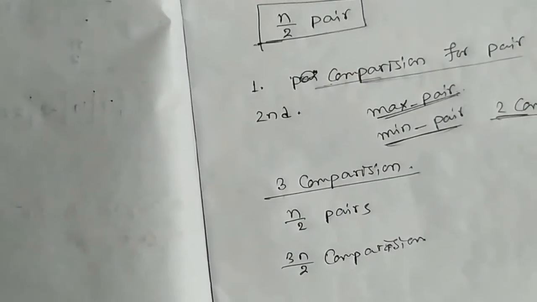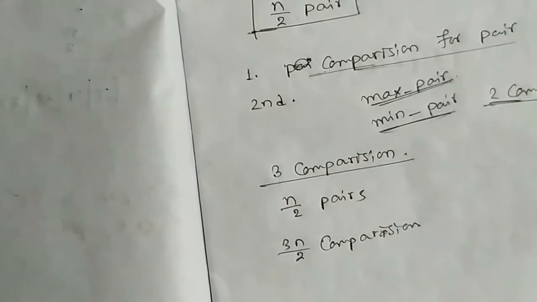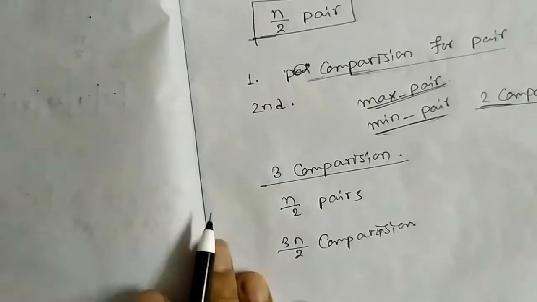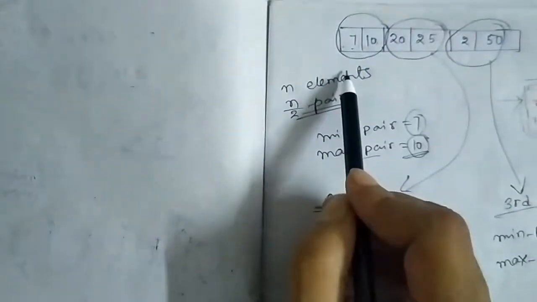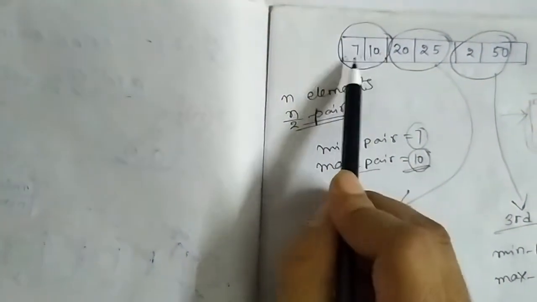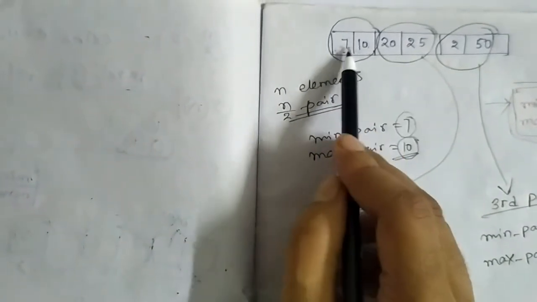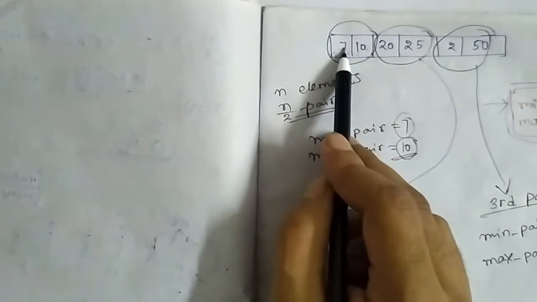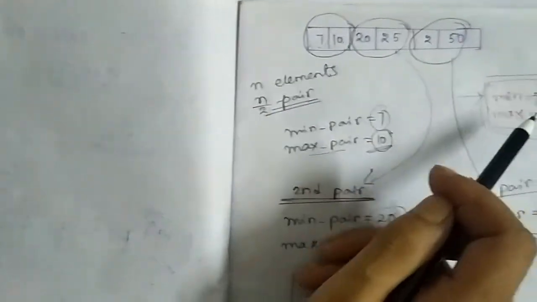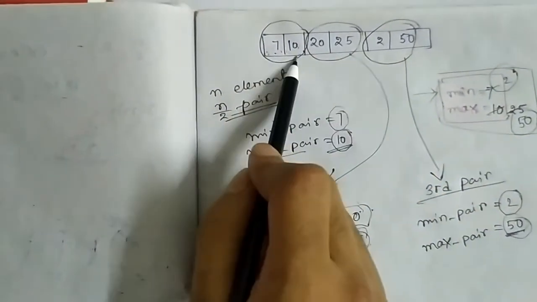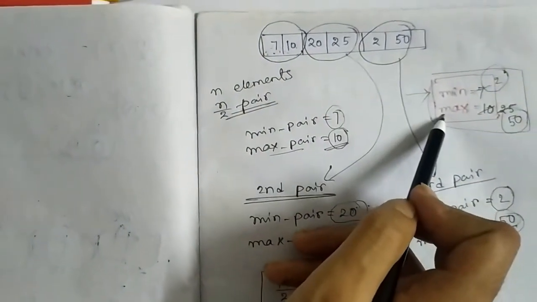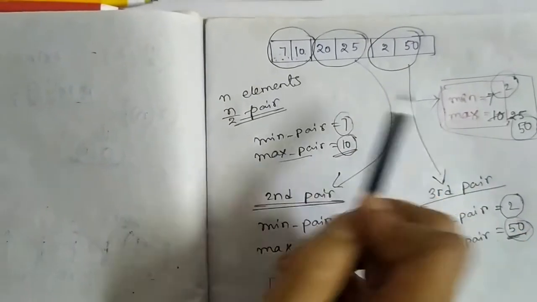But there are two extra counts that we have made. For the first pair, for this 7 and 10, we only compared these two, and the minimum of them we put in my structure minimum, and the maximum I put in the structure maximum.